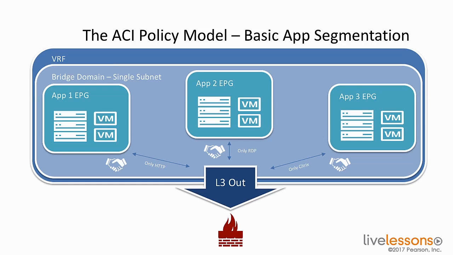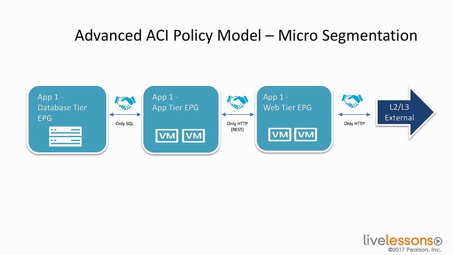But we can also start off very simple, and we can do a crawl, walk, run scenario moving from network-centric mode to basic app segmentation into more advanced application segmentation, such as what we see here, or what we commonly call micro-segmentation. This is where I take an individual application and I start breaking it up into individual tiers.